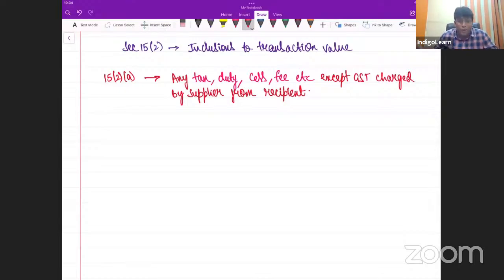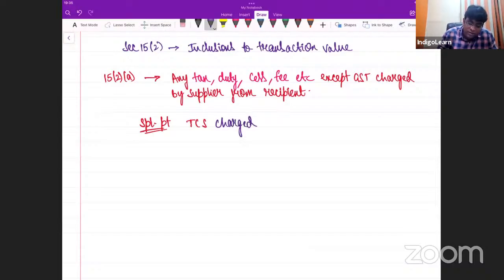But one special point to be noted, that special point is something like this. TCS charged by supplier. Let me add one line here. That is TCS under income tax. TCS under Income Tax Act.